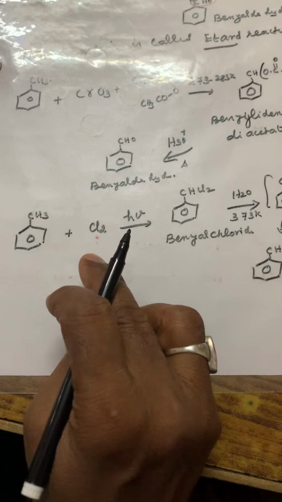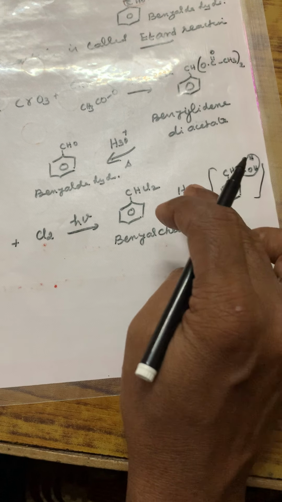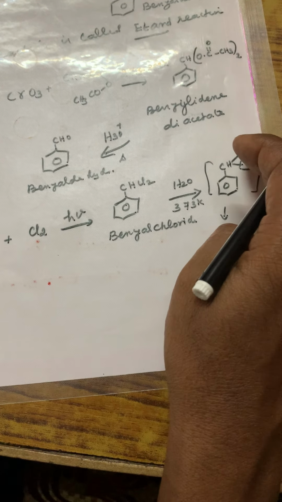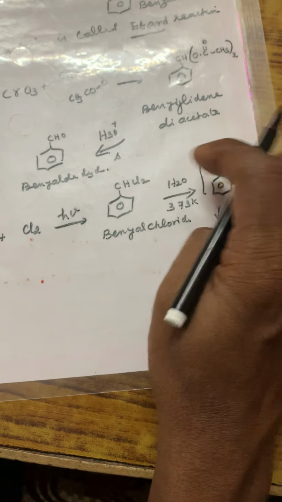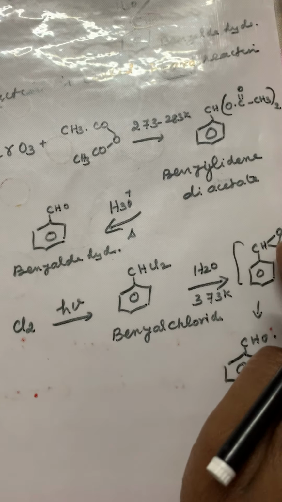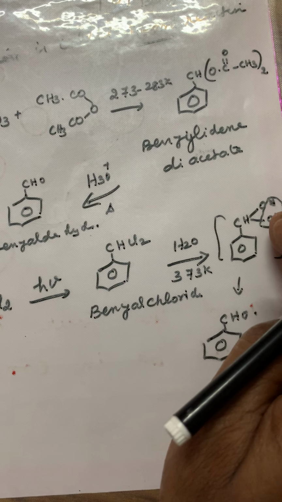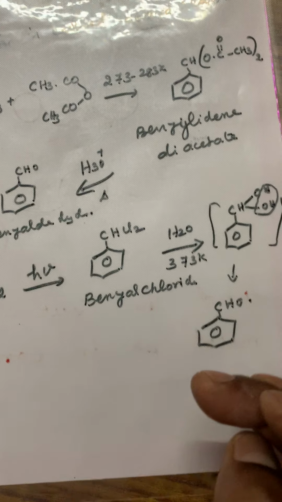Here toluene reacts with chlorine in the presence of sunlight, it gives benzal chloride, and then hydrolysis at 373 Kelvin gives this compound. In the place of 2 chlorines, the 2 OH groups will be substituted. Whenever a carbon has 2 OH groups, it is highly unstable, the water molecule will be removed, and we will get benzaldehyde.